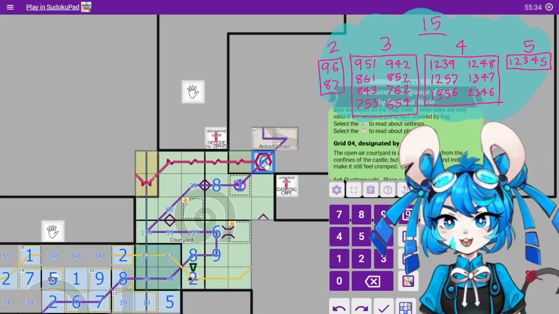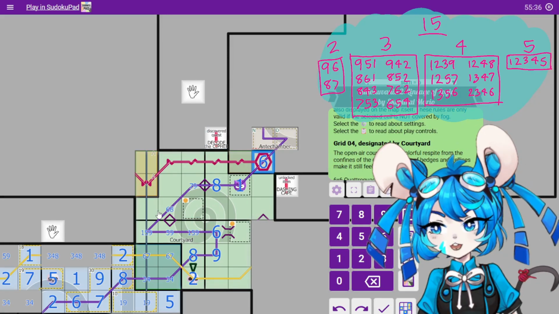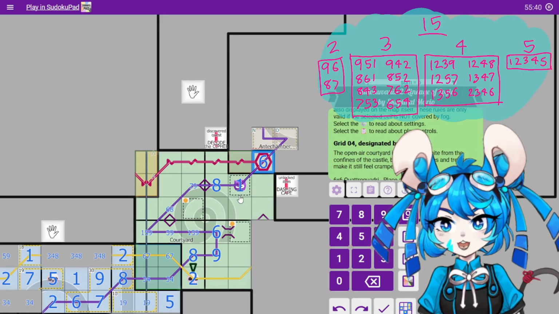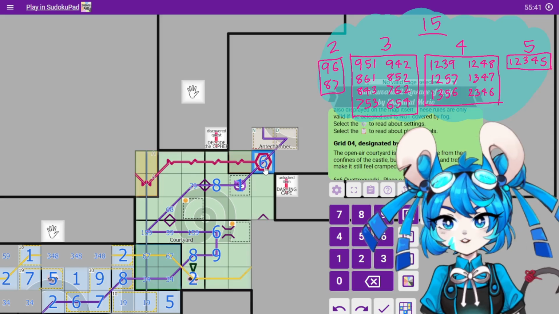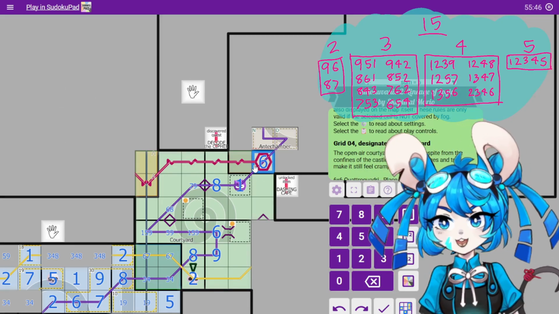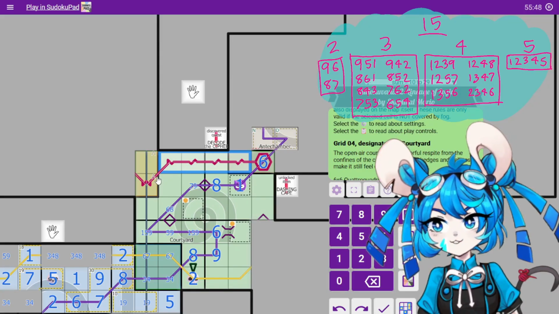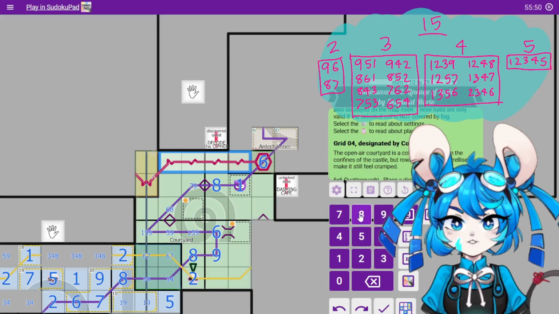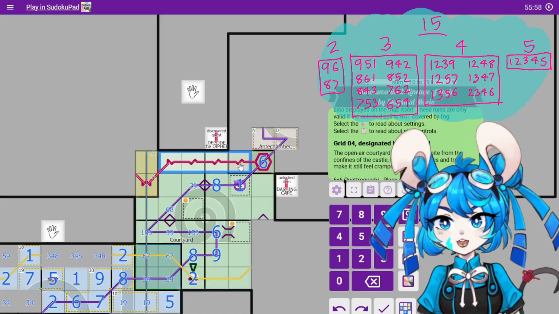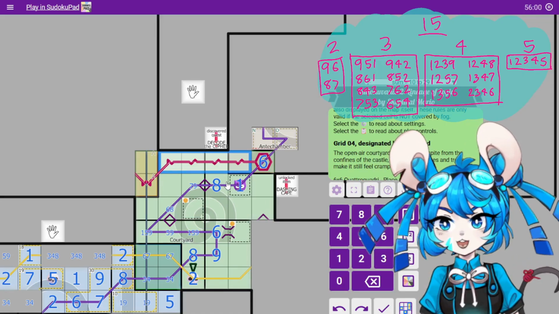So this has to be 6, which I believe has to be the upper end of the line, because if there's a 9 on the other side, then these would have to be digits between 6 and 9, which would only be 7 and 8. And we can't put 7 and 8 onto this section of the line because there's not enough digits for it.